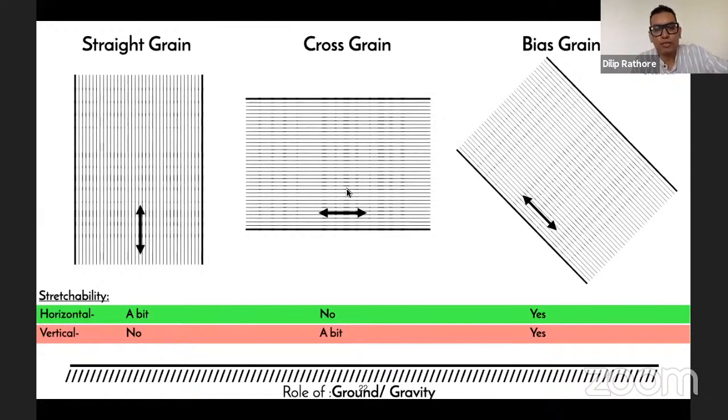In the second one, horizontally the fabric cannot stretch because it's the warp direction, and vertically it can stretch slightly. On the third one, bias, which is on an angle, it can stretch horizontally as well as vertically. So these are three different aspects of using the fabric.